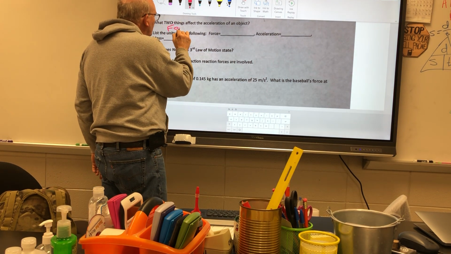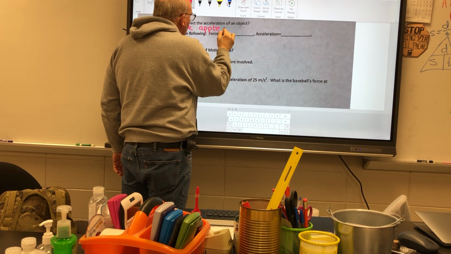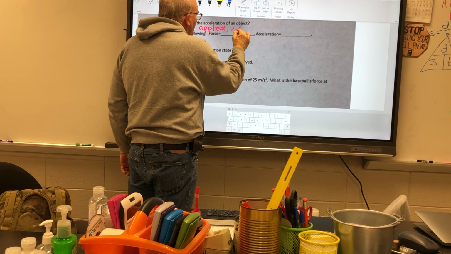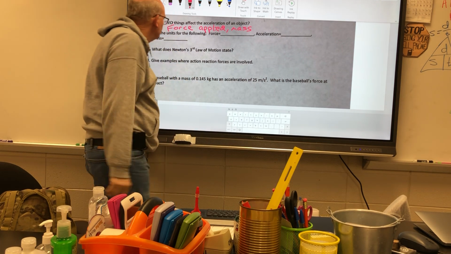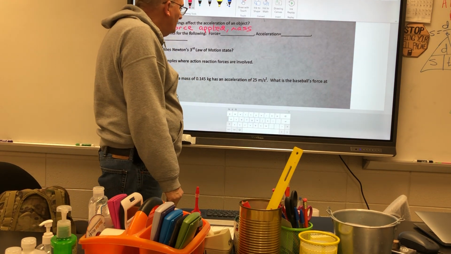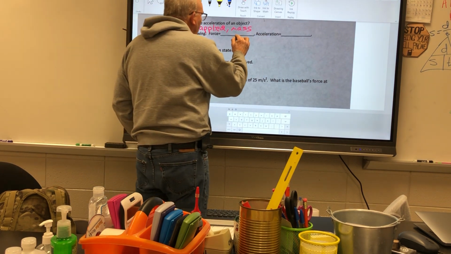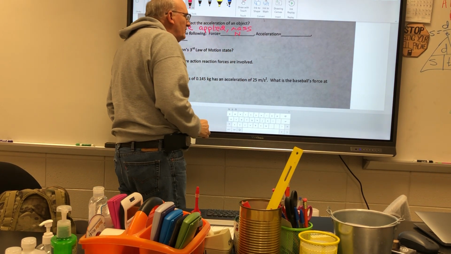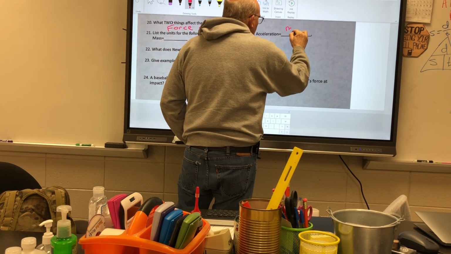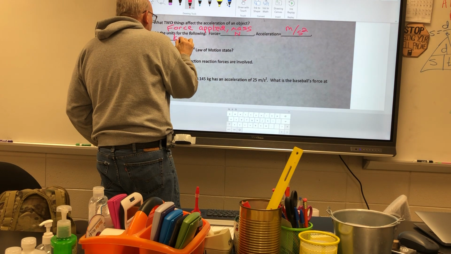One is the force applied, particularly unbalanced forces. The second is the object's mass. The units for Newton's second law: for force it is the Newton, for acceleration it is meters per second squared, and for mass it is the kilogram.